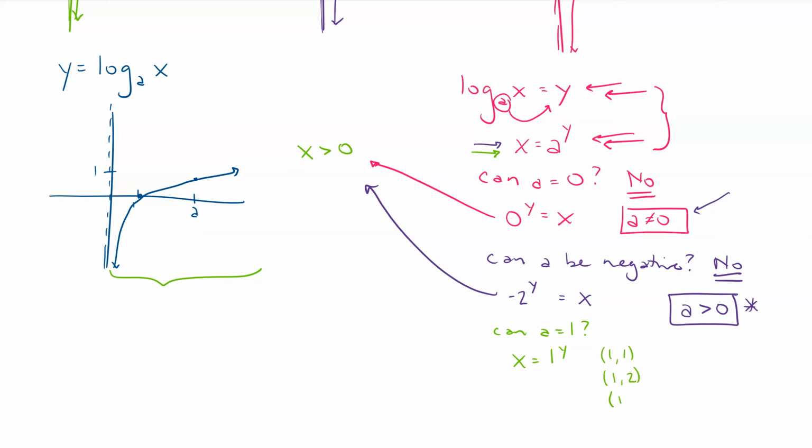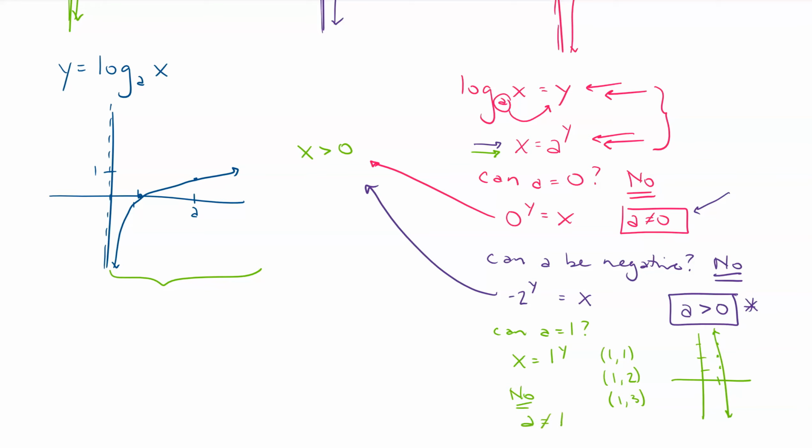If y was 3, x would still be 1, and so on. If we looked at that, we would have over 1 up 1, over 1 up 2, over 1 up 3, and our sketch would look just like that, like a vertical line, which is not a function, and so therefore it's not a logarithmic function. Can a equal 1? No, a cannot equal 1.